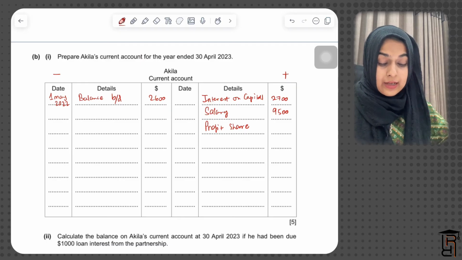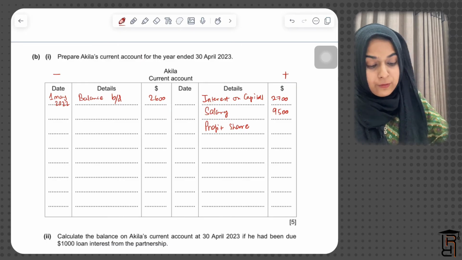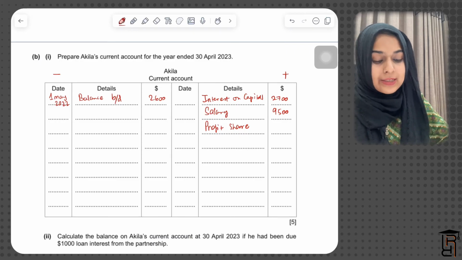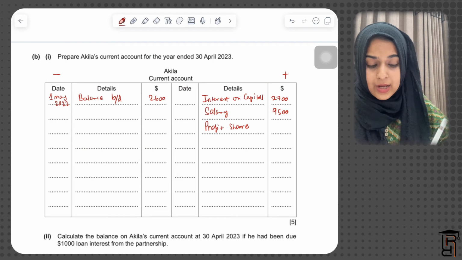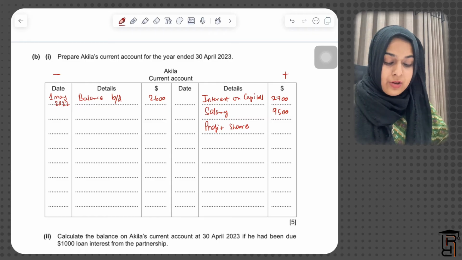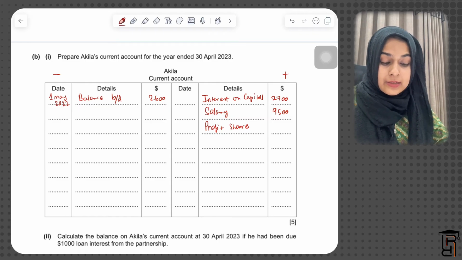And then Akila's drawings is 19,400, which will be recorded on the debit side of the current account because drawings always decrease capital. So I'll write here drawings, 19,400. So this is all that is happening in Akila's current account.